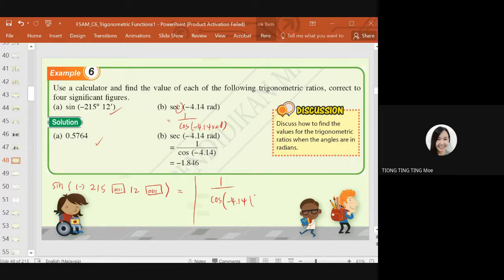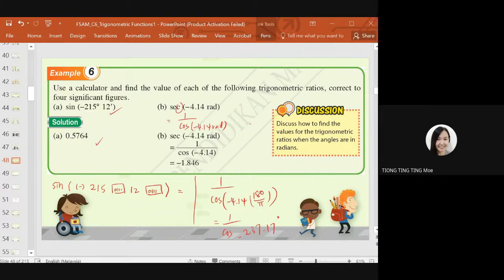Change to the angle is 180 over pi. So it will become 1 over cos, (4.14) times 180 divided by pi. So you get negative 237.17 something. Okay, so you use 1 over cos. So your answer is negative 1.845 or 1.846. Okay, both can.